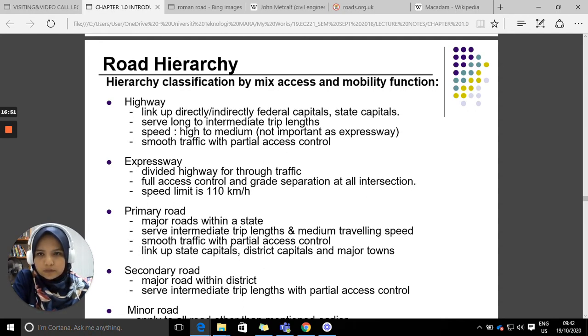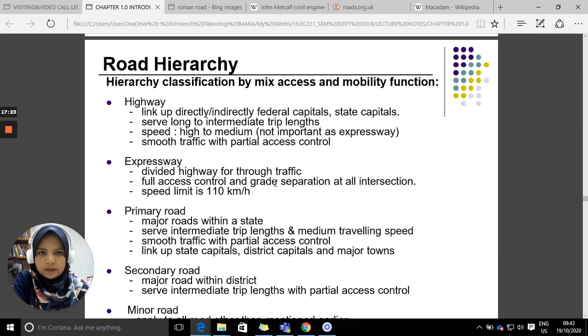It has also been mentioned that we must have full access control and grade separation at all intersections. So at all of the exits there must be interchanges. And the speed limit is 110 kilometer per hour. That is the standard speed limit, right? So that is the difference between highway and expressway that we used to mention most of the time.